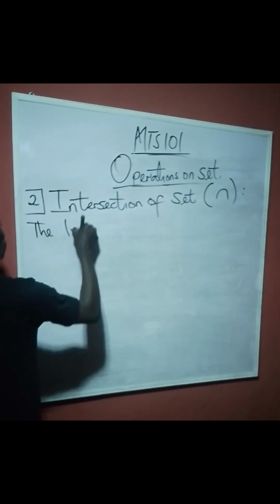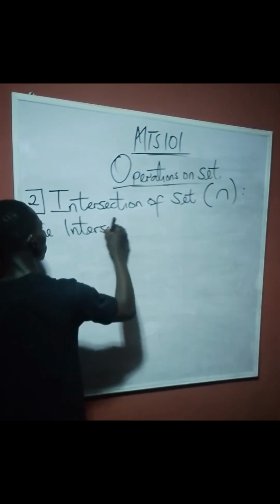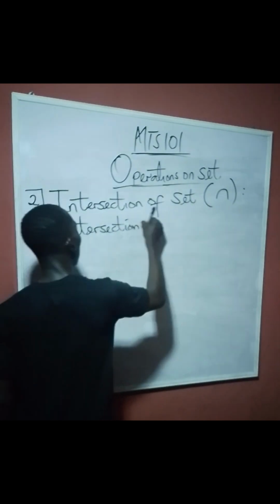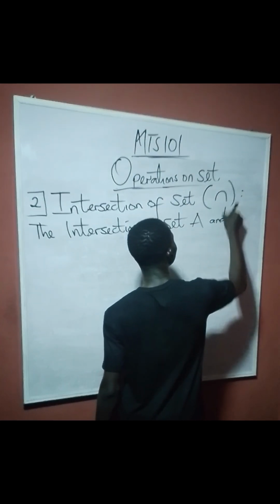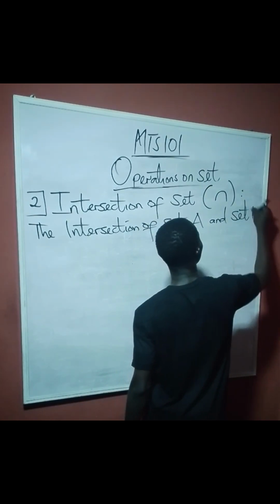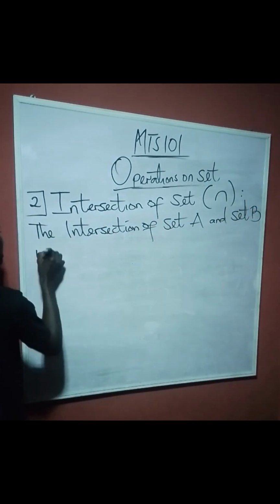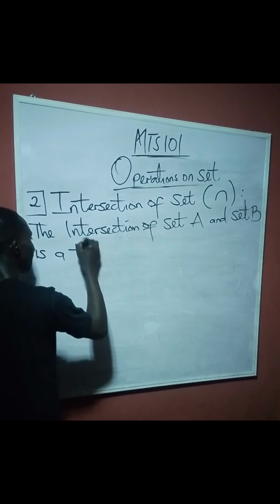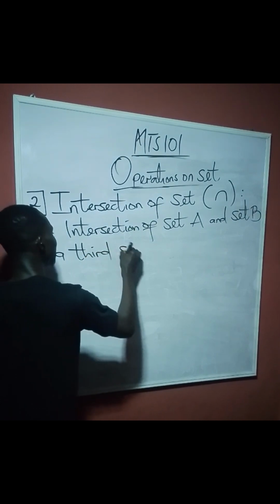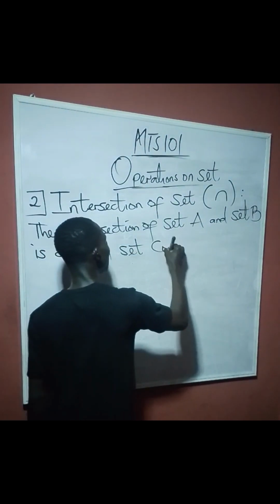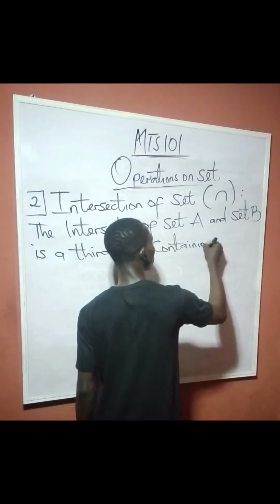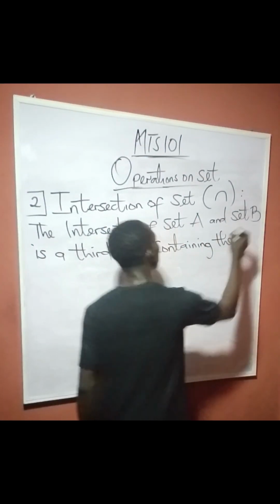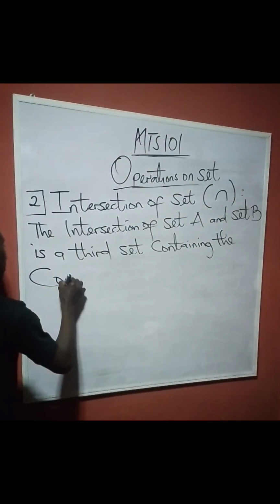The intersection of set A and set B is a third set containing the common elements.